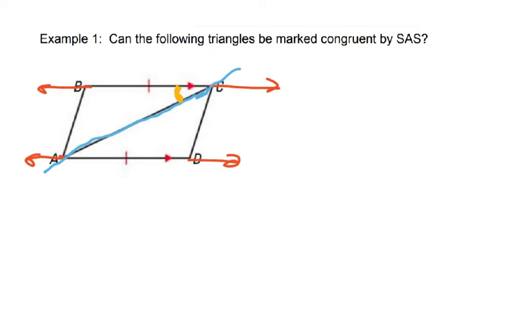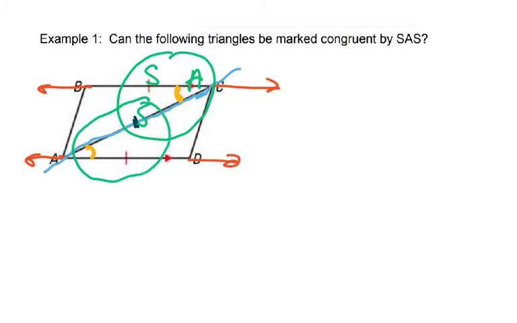So I've got alternate interior angles that are congruent, and on top of that, this shared side is congruent. So I've got that side, angle, side shape for markings. So I'm going to say yes.